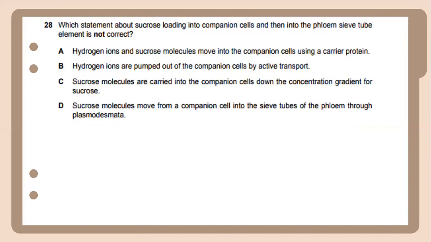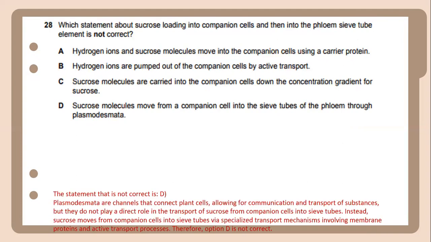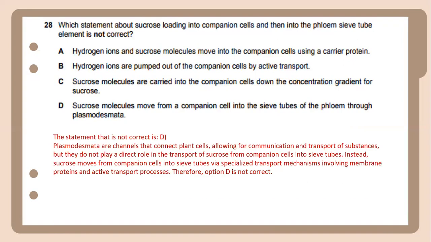And which statement about sucrose loading into companion cells and then into a phloem sieve element is not correct? The statement that is not correct is that sucrose molecules move from the companion cells into the sieve tube of the phloem through plasmodesmata. Plasmodesmata are channels that connect plant cells, which allow for communication and transport of substances, but they do not play a direct role in the transport of sucrose from companion cells into the sieve tube.